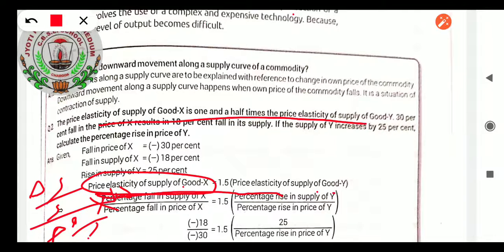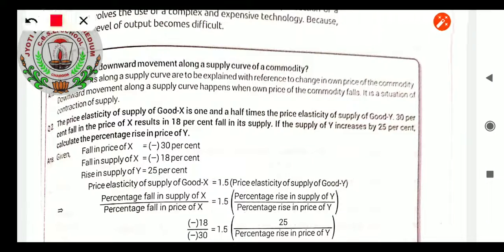That is the formula. Now we will see the price elasticity of supply of goods Y. What will be the formula?